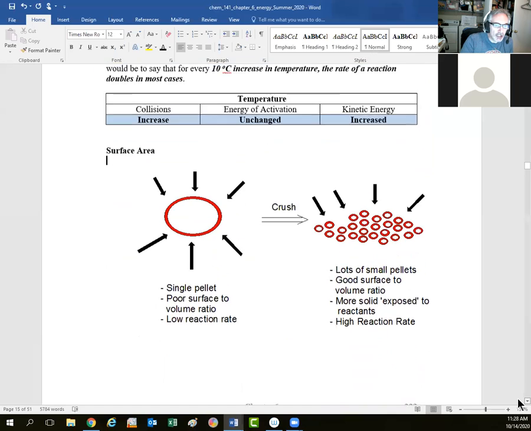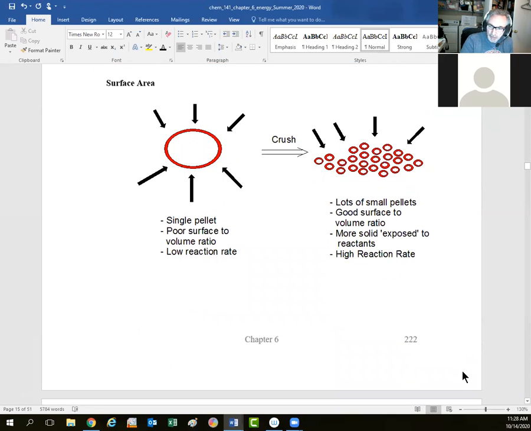Next one we want to look at, I think our final one, is surface area. You take a chemical, one of your initial reactants, and you have it in a big block, then it's only the chemical at the surface which is undergoing collisions.